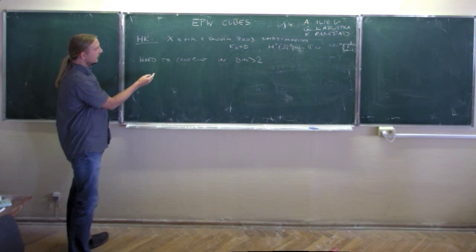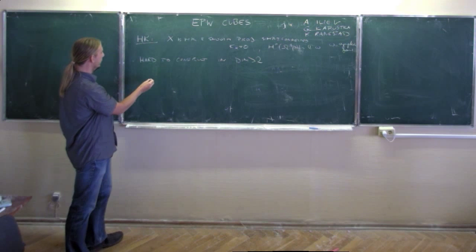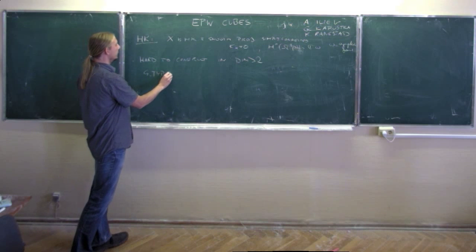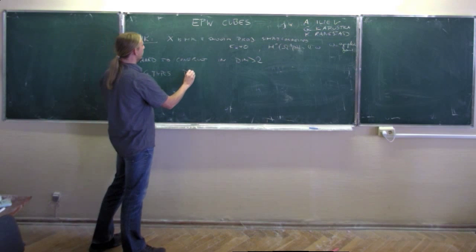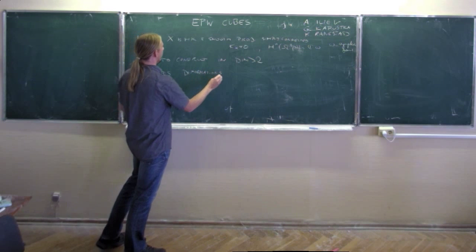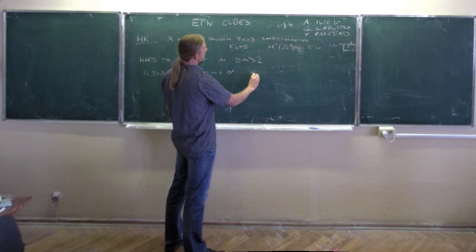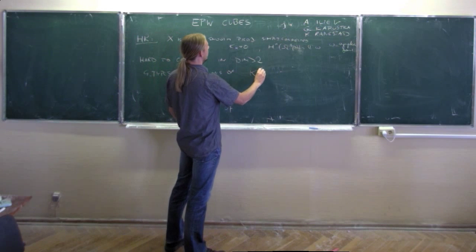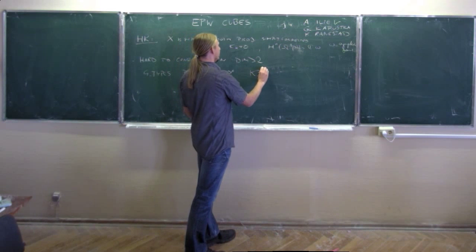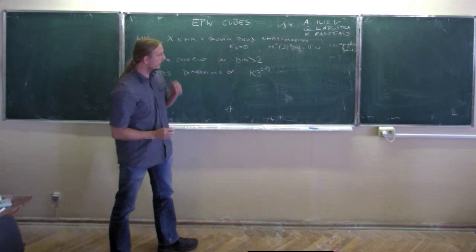Then there are 4 types known for deformation types. There are deformations of Hilbert schemes of points on K3 surfaces. I will denote them like this.